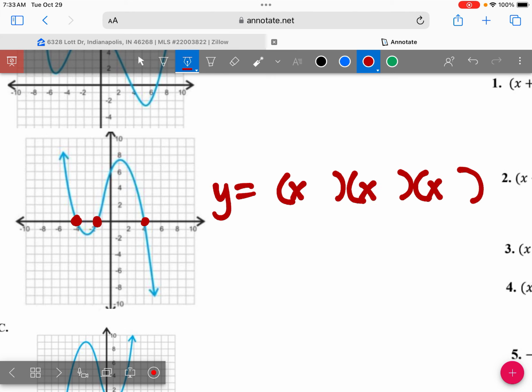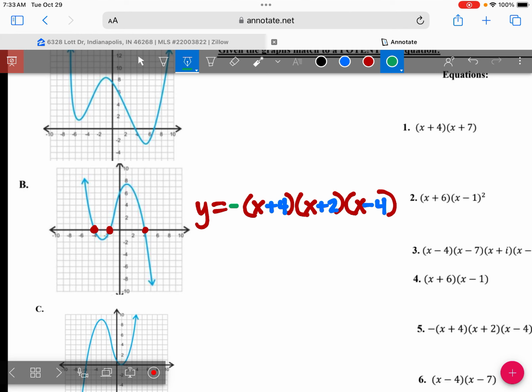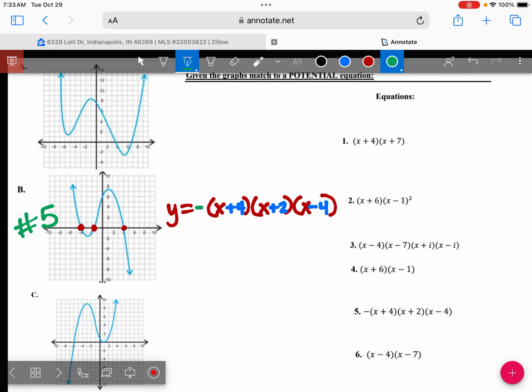And it goes through a -4, so that would be a +4. -2, so that's a +2. +4, so that's a -4. This is also a negative graph, so we need a negative in the front. So that would be graph number 5. So I would agree. If you pick number 5, that's what I would choose too.